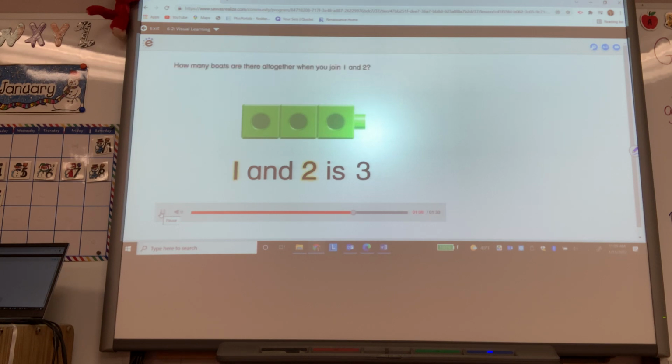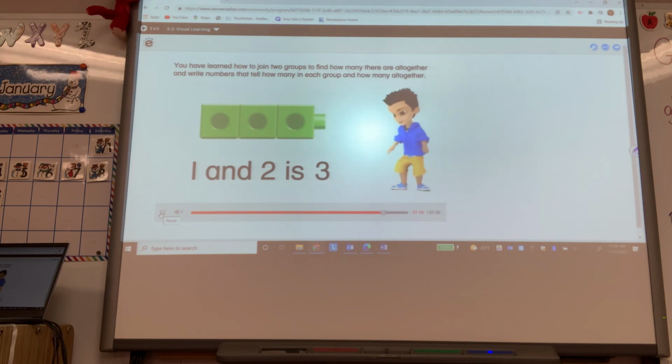How many boats are there altogether when you join 1 and 2? There are 3 boats altogether. You have learned how to join 2 groups to find how many there are altogether and write numbers that tell how many in each group and how many altogether.